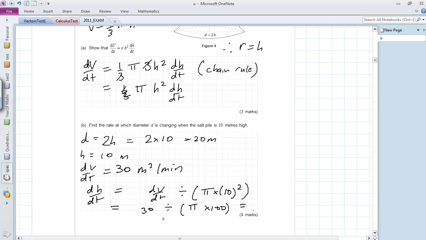Which, if we then calculate this, is going to be 0.0955.